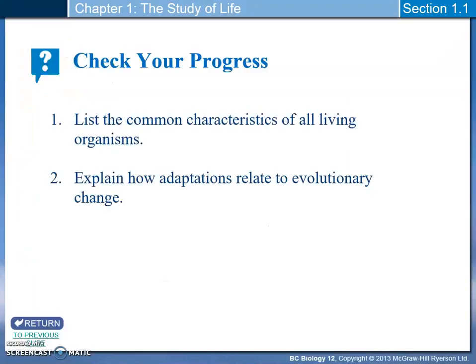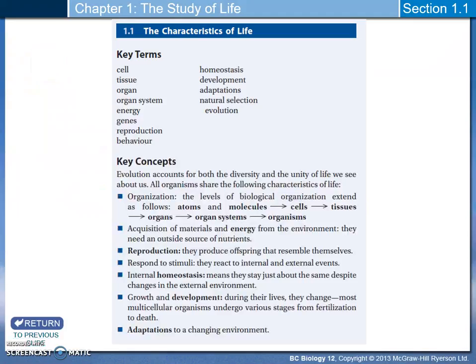So we've looked at the common characteristics of living things and how adaptations relate to evolutionary change. So here's some of the key terms and the key concepts that we've just covered in this particular section, and these are nicely laid out for you in a summary.